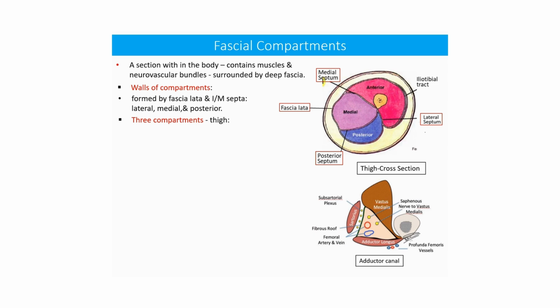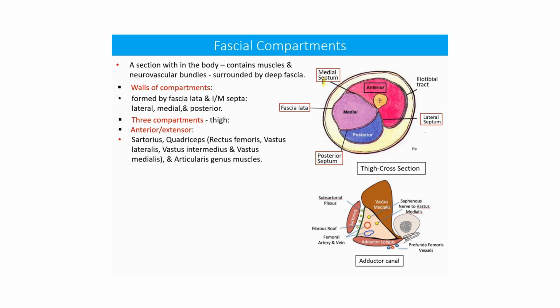There are three compartments of the thigh. The anterior, which is also named as extensor compartment, contains sartorius, quadriceps and articularis genu muscles.